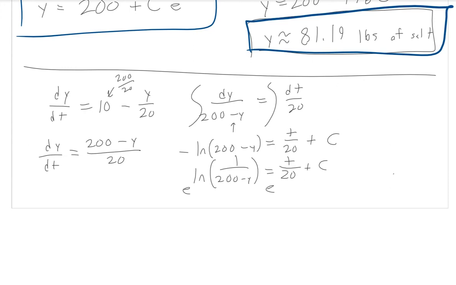Take e to both sides. That gives us 1 over 200 minus y equals e to the t over 20 plus c. That plus c, though, is a constant, which we've done that before. That can be pulled out here, because that would be e to the c, which is a constant itself.